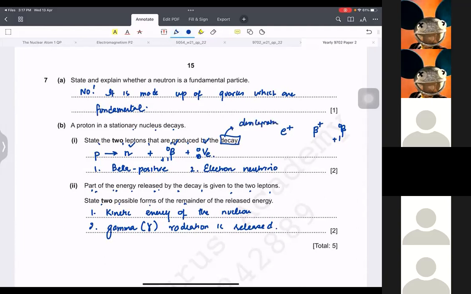And decay happens naturally. You can't accelerate it, you can't give it energy. वो खुद होता है. मेरा मतलब है कि वो जो remainder release energy है वो न्यूट्रॉन में चली जाती है. हाँ ये लिख सकते हो. Remainder energy can go to neutron in form of kinetic energy. And then तुम लिख सकते हो gamma is released. ठीक है.